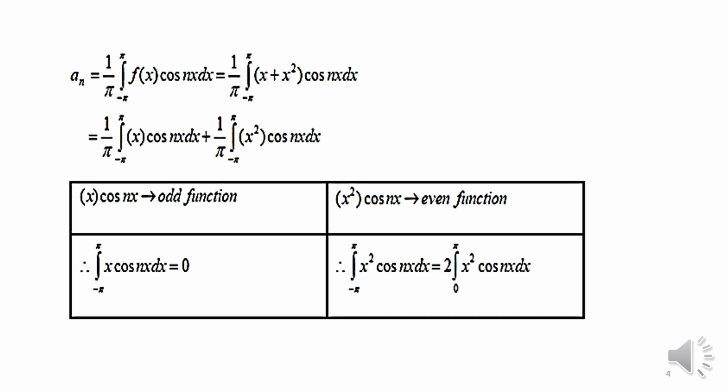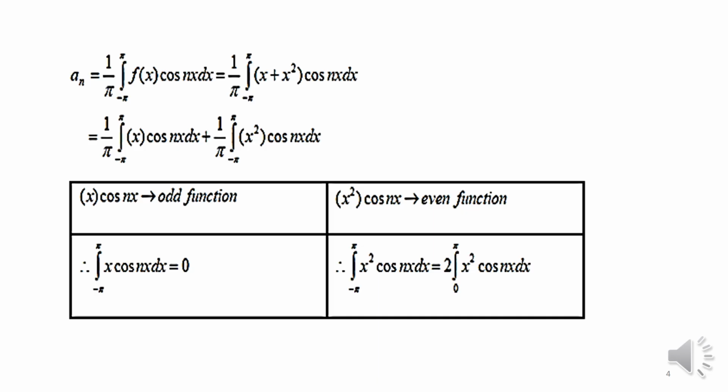If I take x cos nx dx, I check whether it is an odd function or an even function. I substitute x as minus x, and I will get minus x cos n minus x.